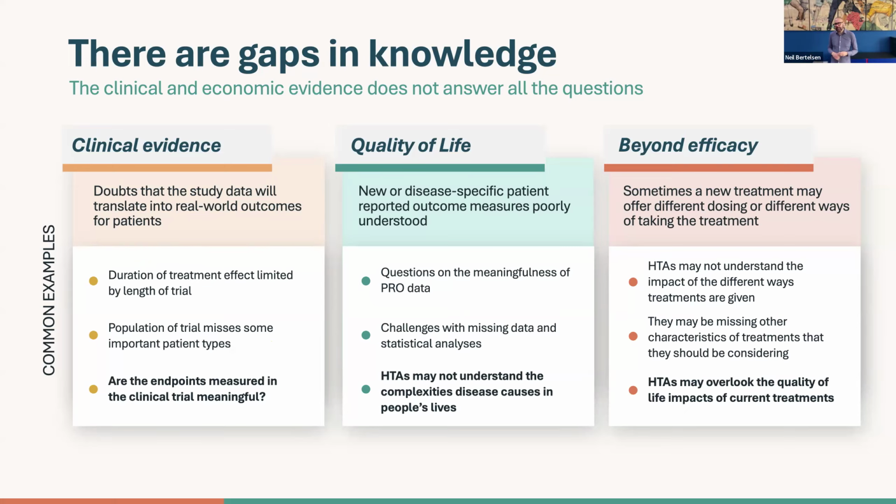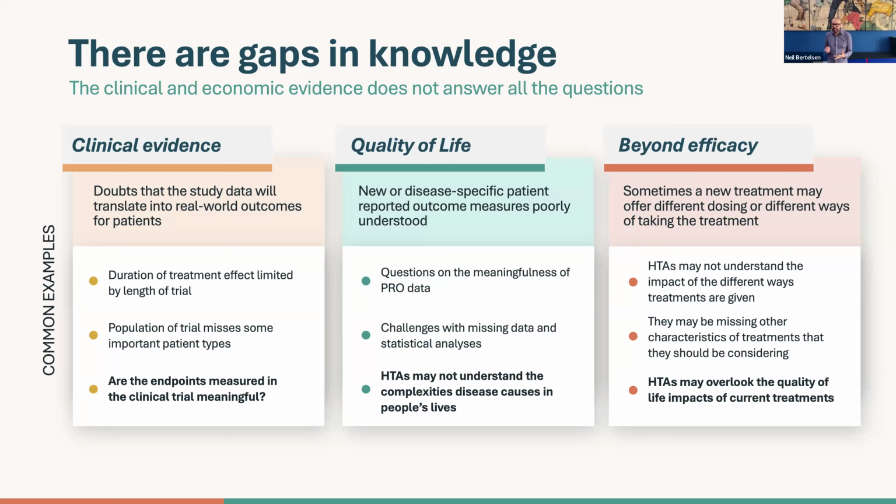And then the final element is that the clinical studies don't really capture elements that are beyond clinical efficacy and safety. They're focused on clinical efficacy and clinical safety. And often a new treatment might have a different way of being taken. It might be dosed differently to other treatments. It might be given in a different way, or it might have other attributes that make it different for patients to take compared to what they have today.